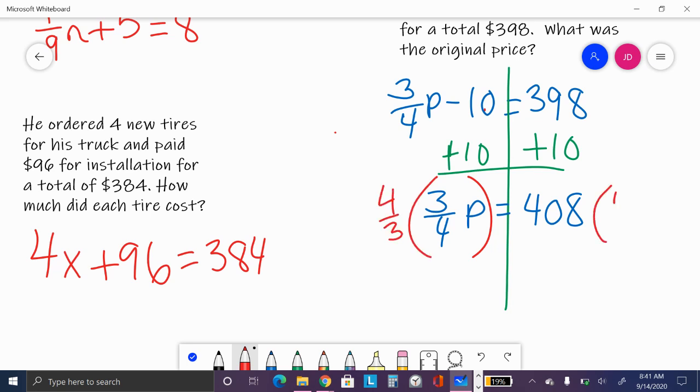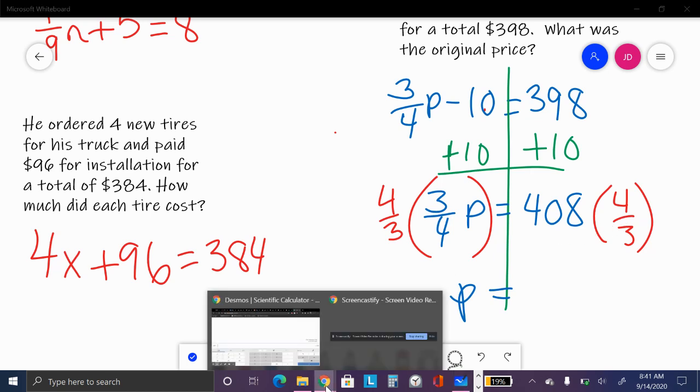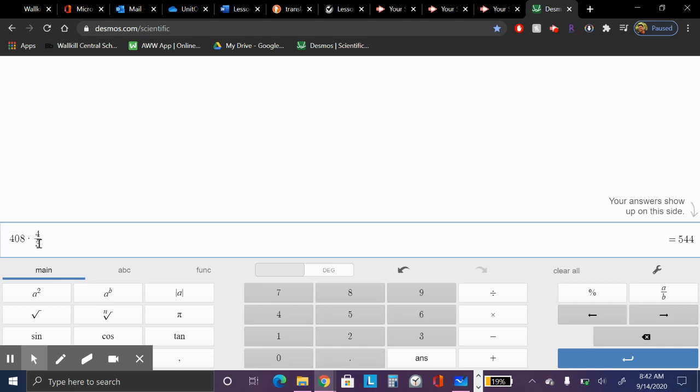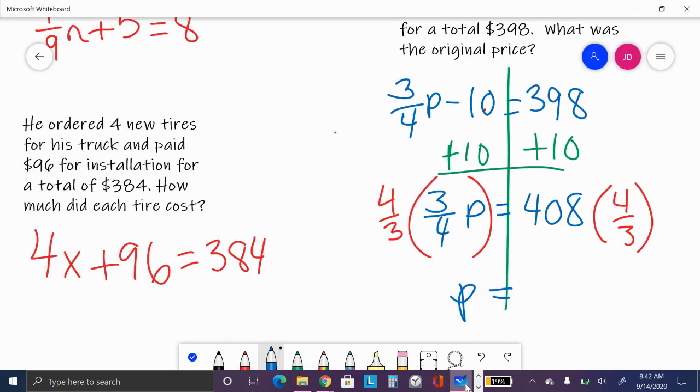So I multiply both sides by 4/3. And if you're not good with doing that in your calculator, you could use the Desmos calculator. And you would get a price for the laptop. The original price is 408 times 4/3. And if I use my calculator, 408 times 4/3, the original price is 544. And that's how you would type it in. So the original price is $544.